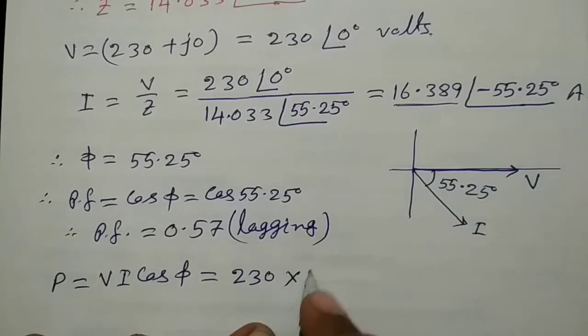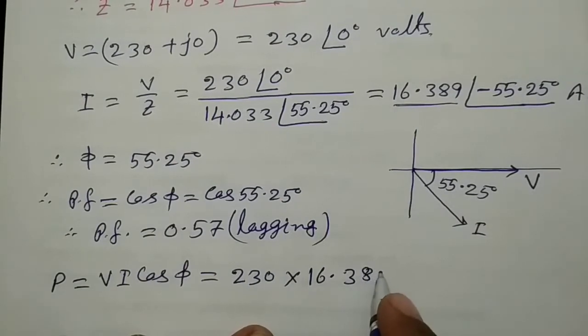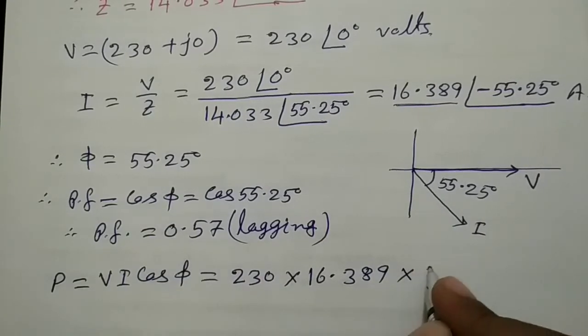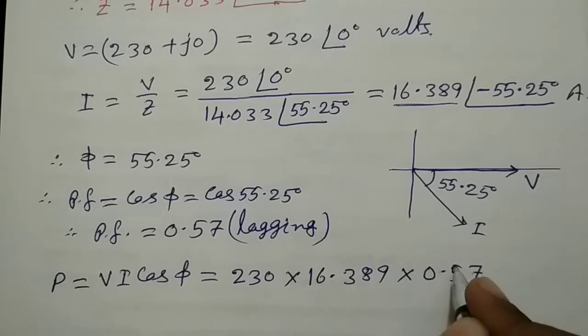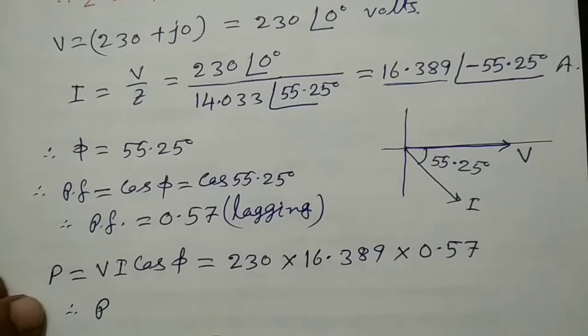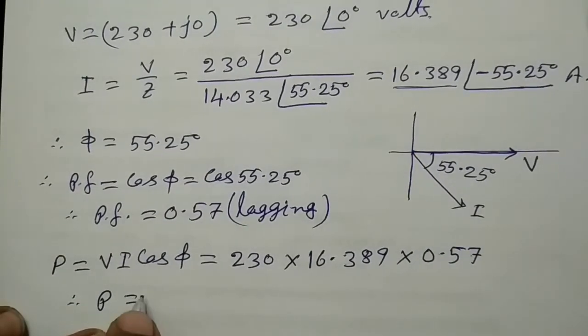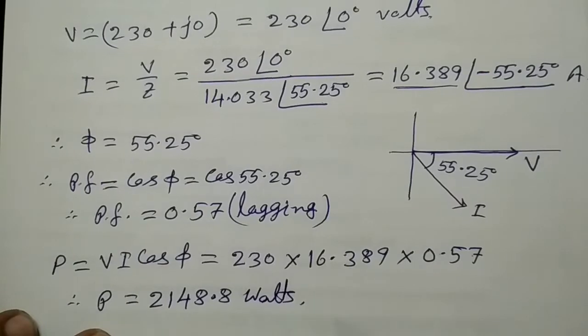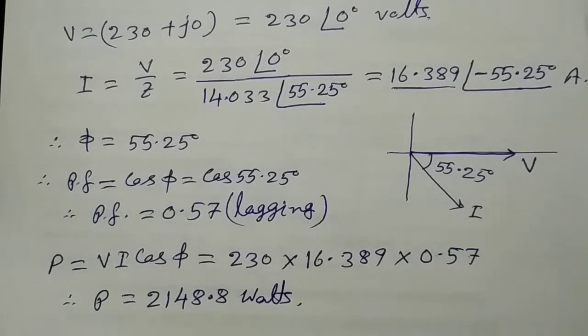We will take only the RMS value of the current in the formula VI cos phi, into power factor cos phi, that is 0.57. So finally the power will be 2148.8 watt. So this is the solution.